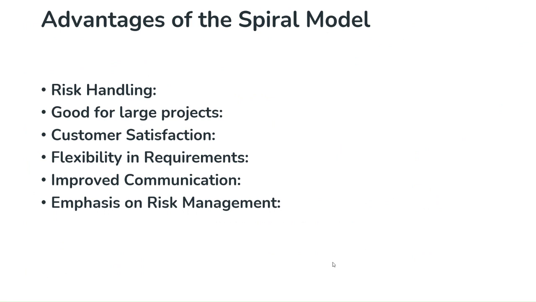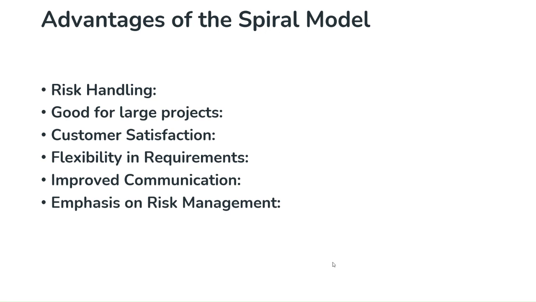Next, coming to the advantages of the spiral model, the first is risk handling. For a project with many unknown risks that occur during the development process, the spiral model is the best development model to follow, due to the risk analysis and risk handling at every phase.